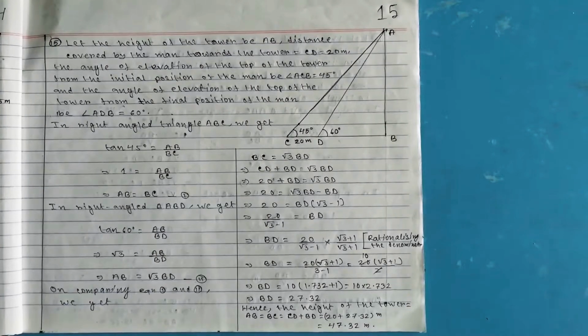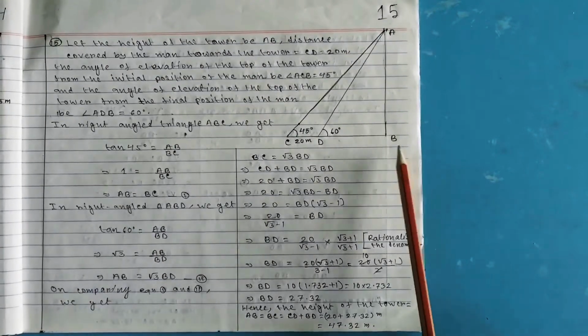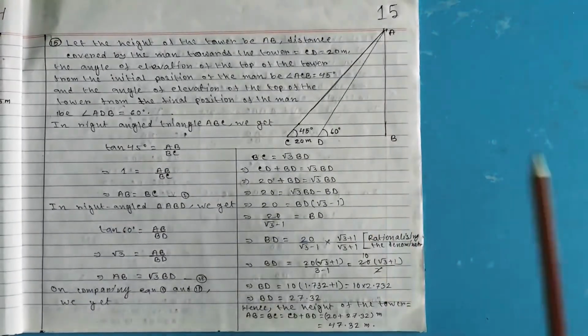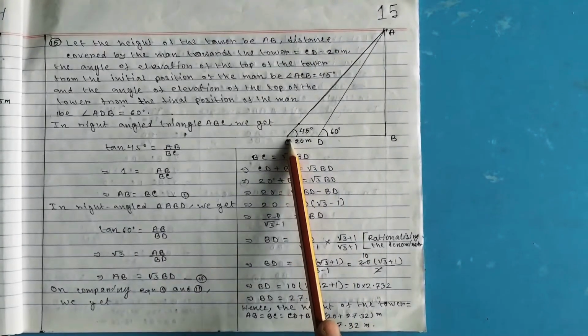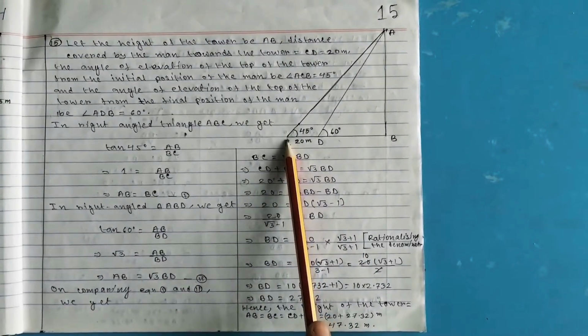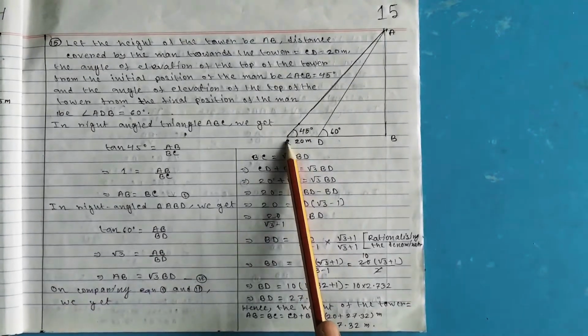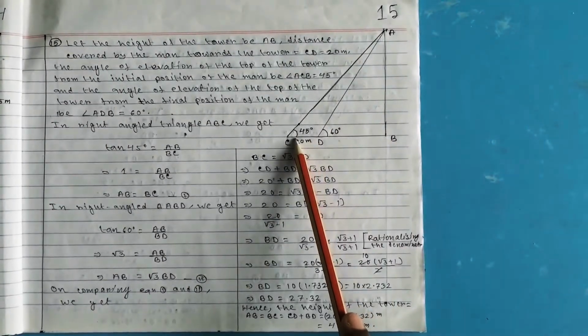There is a tower. Suppose this is the tower AB, and a man is standing at a point C on the ground. From that point the angle of elevation of the top of the tower is 45 degree. Clear?